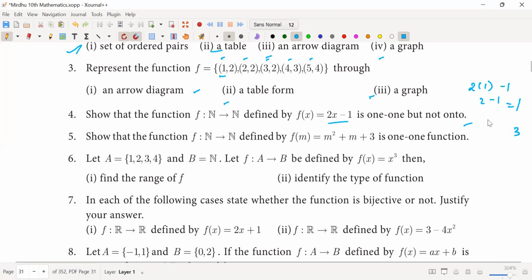If I substitute 3, 6 minus 1, 5. So number 2 and number 4 don't have a pre-image. So range is not equal to codomain. Hence, it is not an onto function. But definitely, each and every number has a unique image. So it is a one-to-one function, but it's not an onto function.